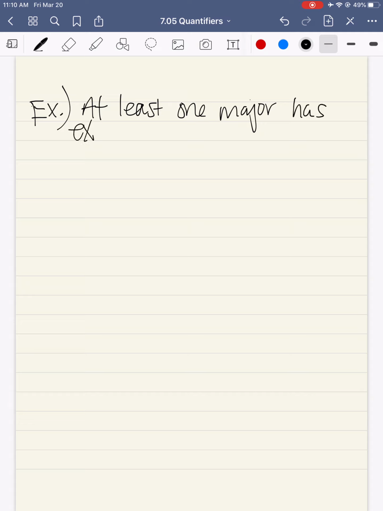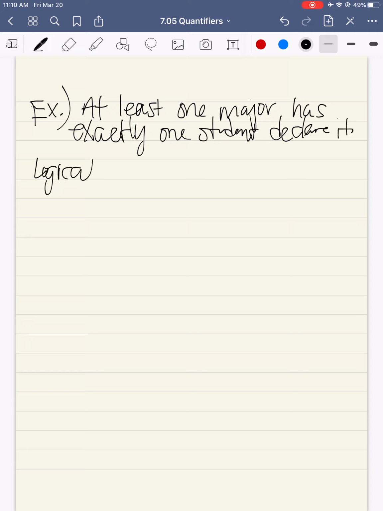So let's do another example here, where we take a look at the negation of exactly one. So our first statement is at least one major has exactly one student declare it. So our logical form, we're going to put this in first.